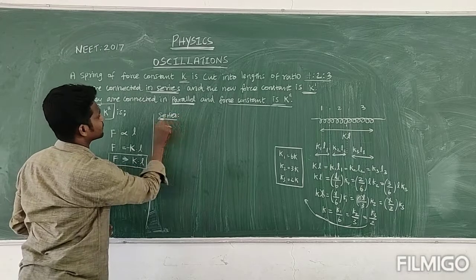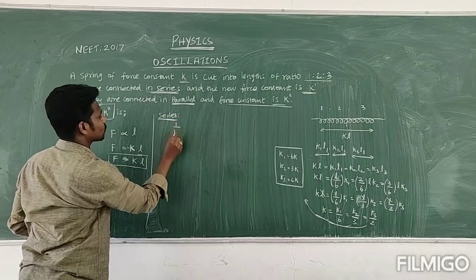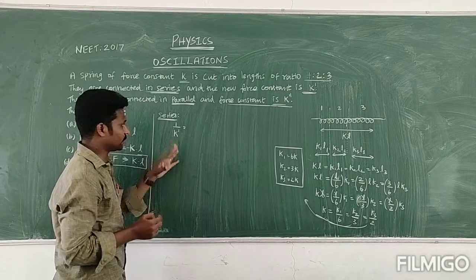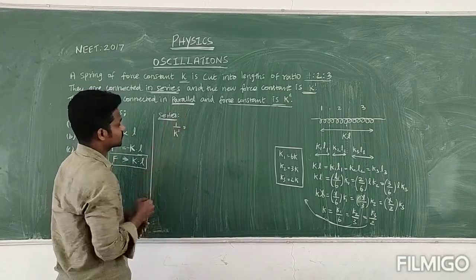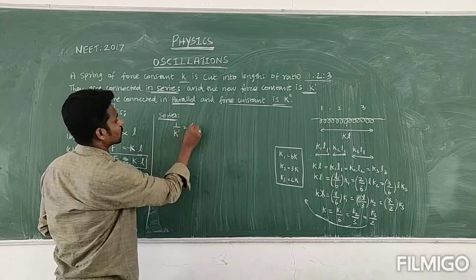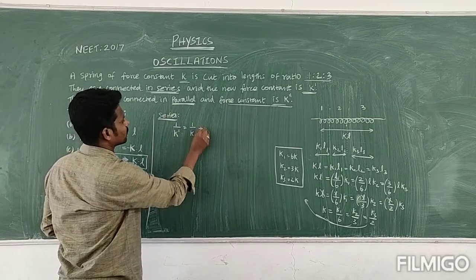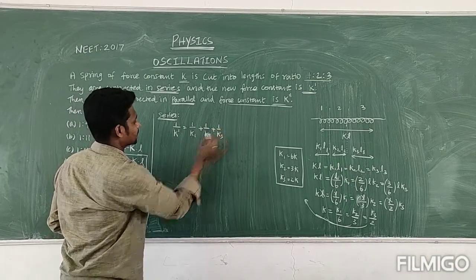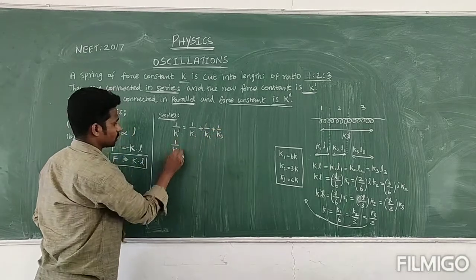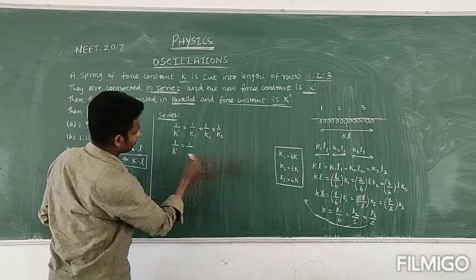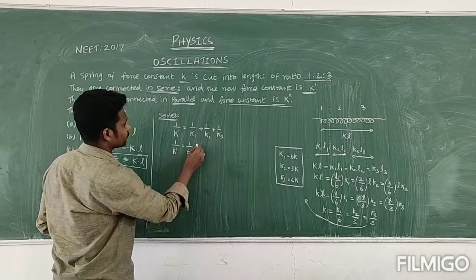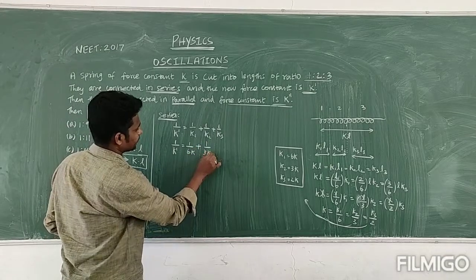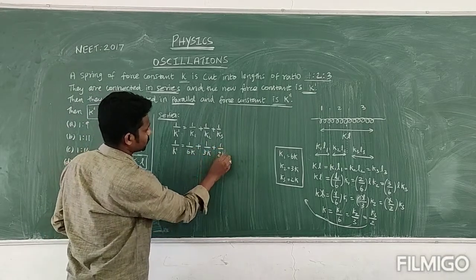In series combination, you know that 1 by K dash, because K dash represents the effective value of the force constant, is 1 by K1 plus 1 by K2 plus 1 by K3. Therefore 1 by K dash is equal to 1 by 6K plus 1 by 3K plus 1 by 2K.